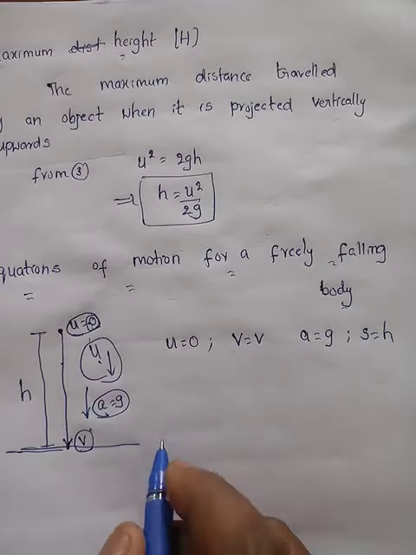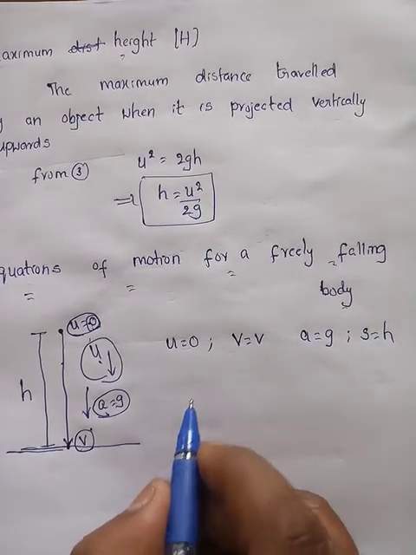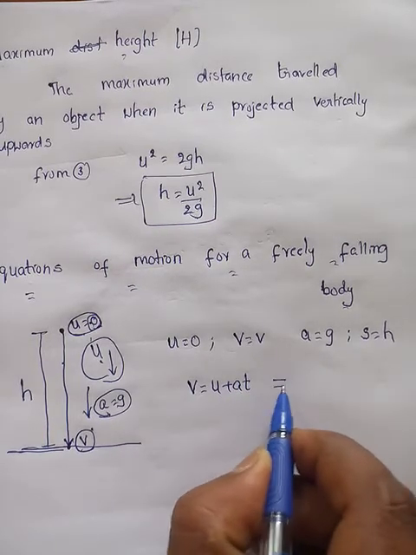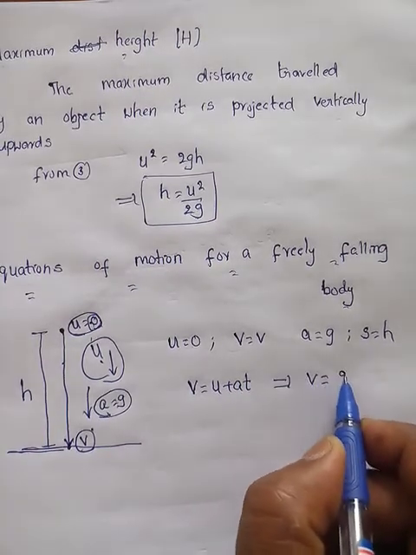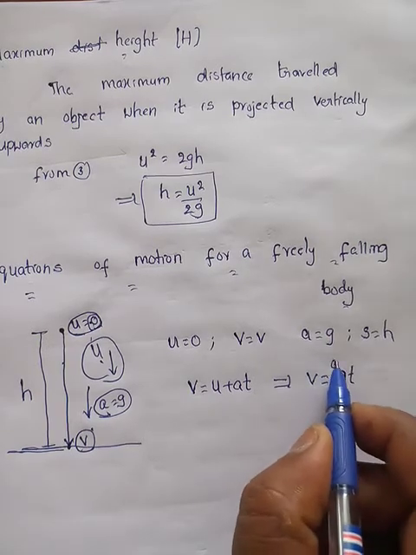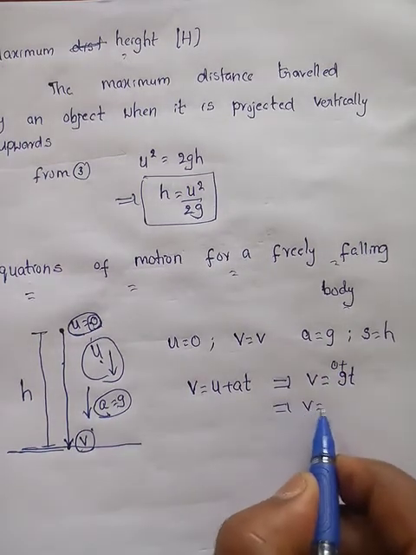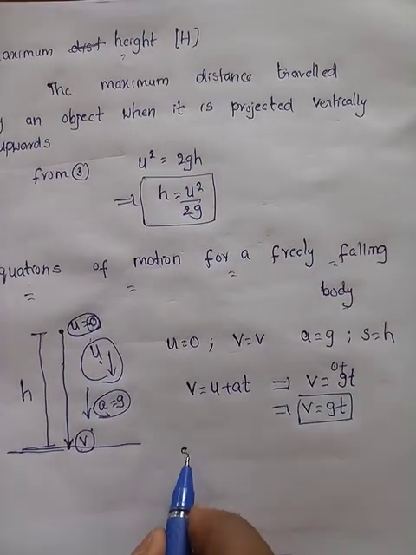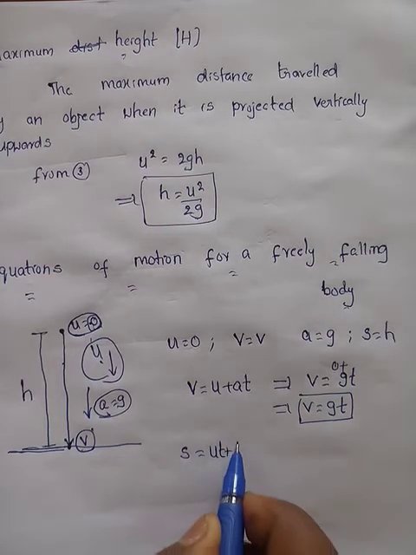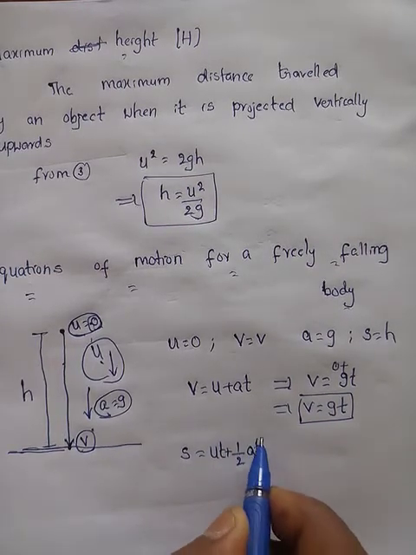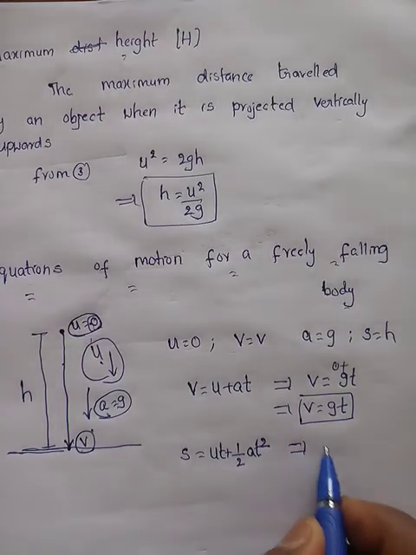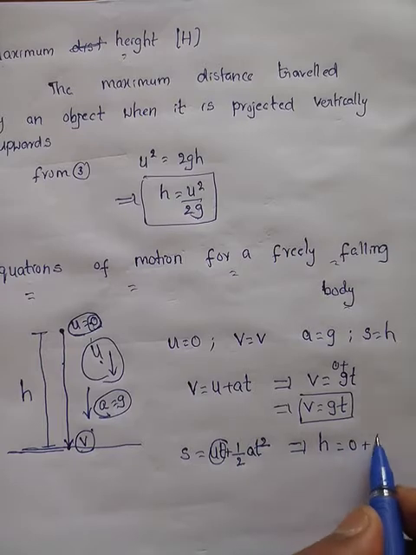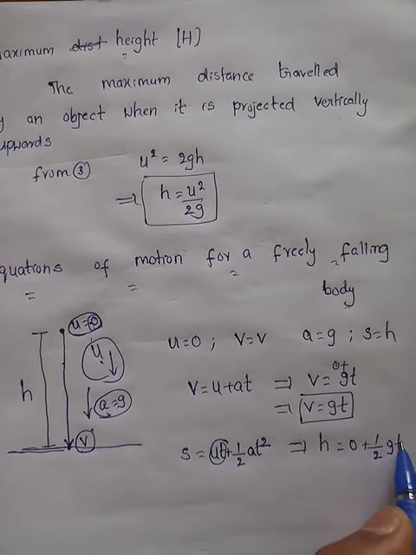Now the same equations we can write here. v equals u plus at. That implies v equals 0 plus gt, nothing but gt. This is equation number 1. Next, s equals ut plus half at square. Here u is 0 and s is h, so this becomes 0 plus half gt square.